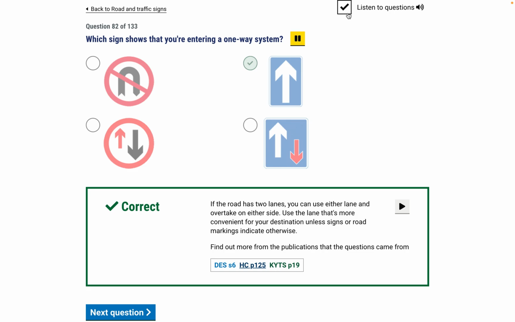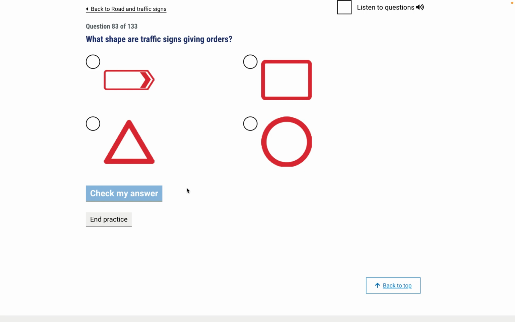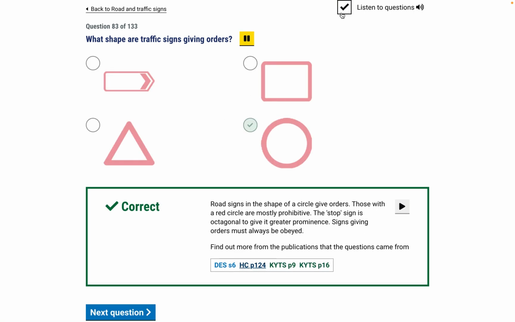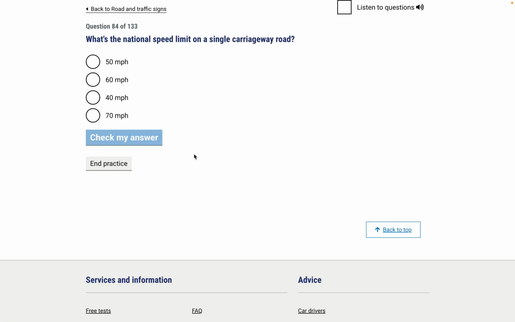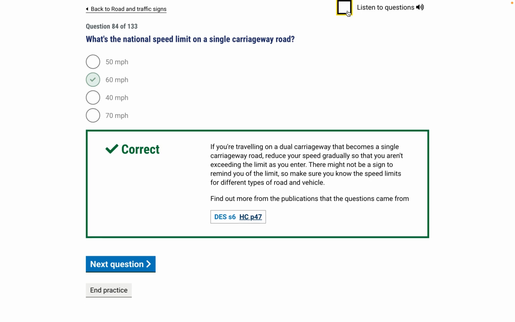Which sign shows that you're entering a one-way system? What shape are traffic signs giving orders? What's the national speed limit on a single carriageway road? 60 miles per hour.